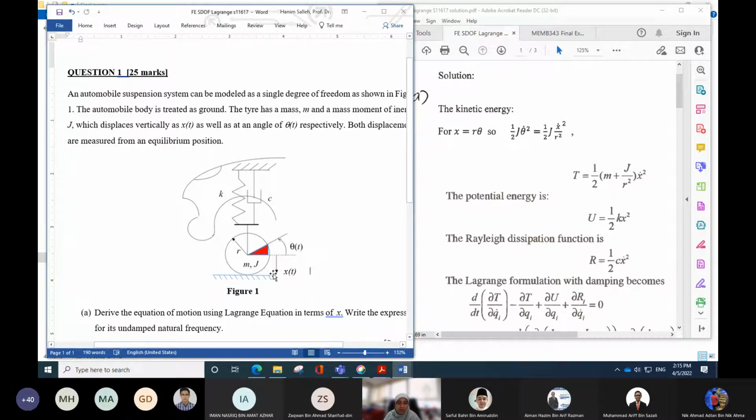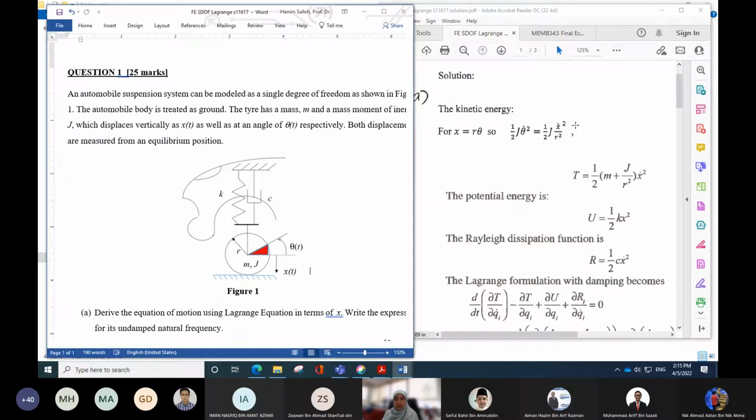This X corresponds to the displacement for the mass and for the K and the C. It is all connected, very similar to a mass, spring, and damper that share the same displacement, which is X. So for the J, you have to convert theta in terms of X. Your theta is X over r, so then you get these expressions.